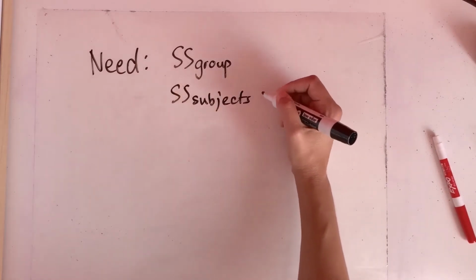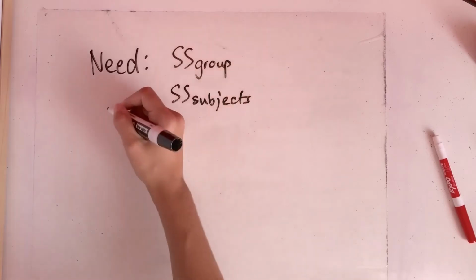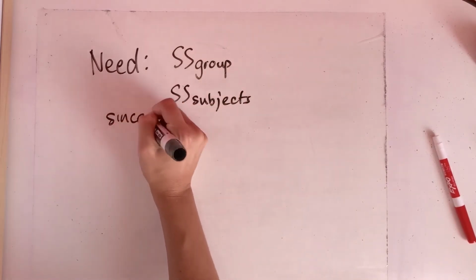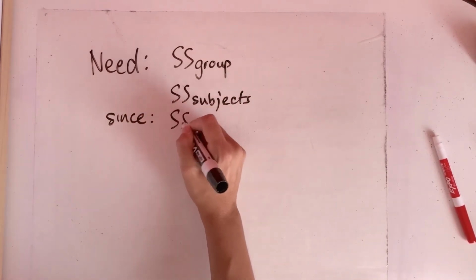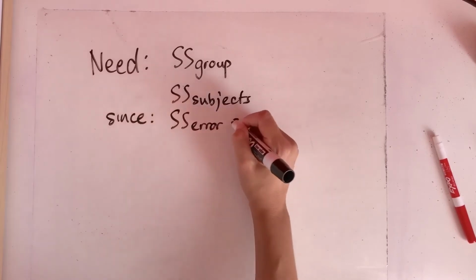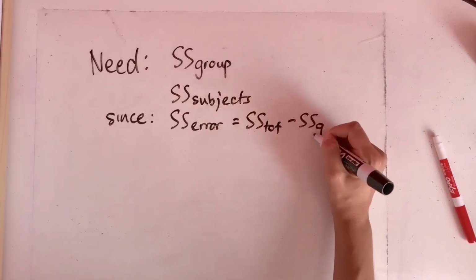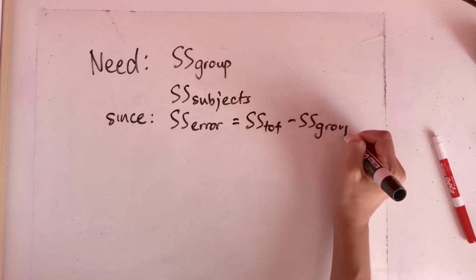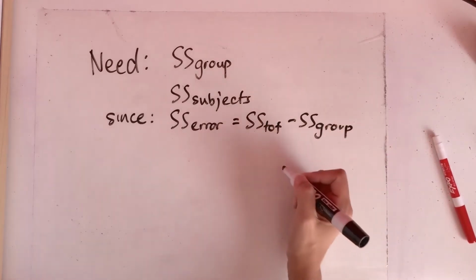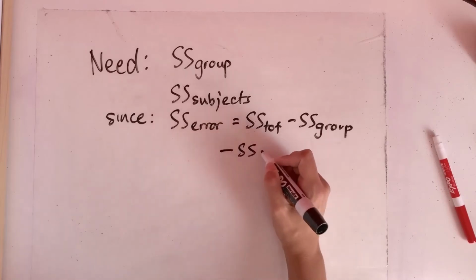And the reason we need that is since our SS error is not just equal to SS total minus SS group, but we also have to subtract SS subjects.